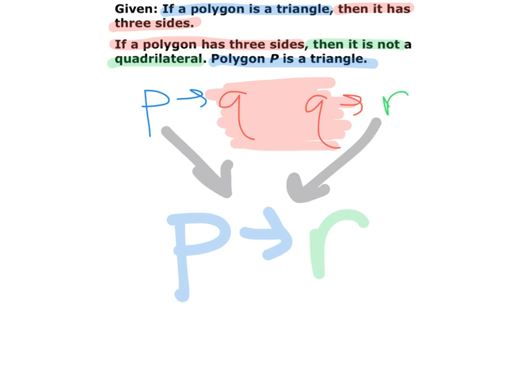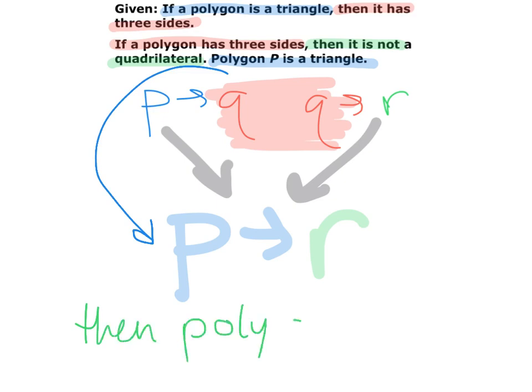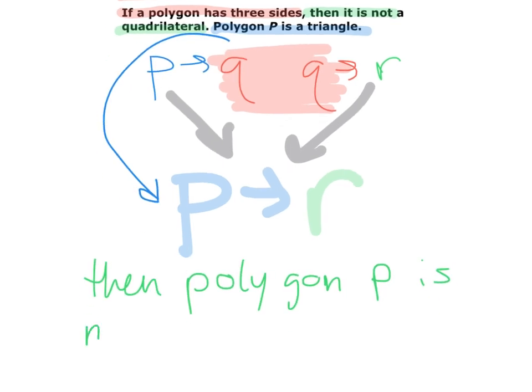So polygon P is a triangle goes along with this. So then polygon P is not a quadrilateral.